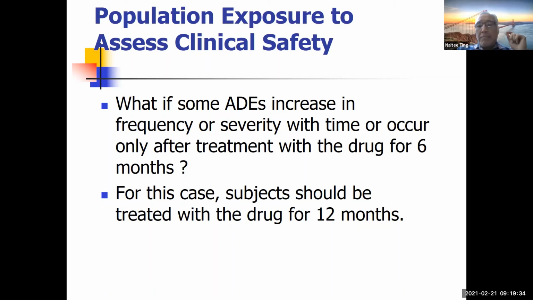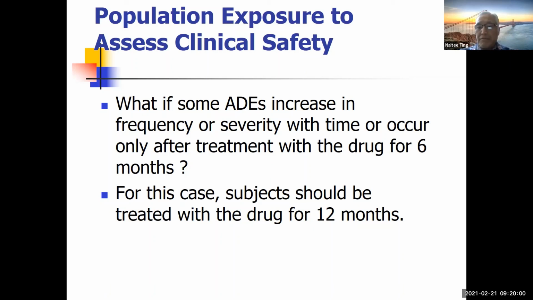Why? Because based on your PK data, you would assume after the ADME, remember, absorption, distribution, metabolism, excretion, the drug should be out of your body. If that's the case, any of the AEs you should have observed in the first few weeks.